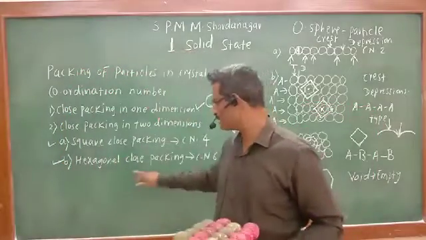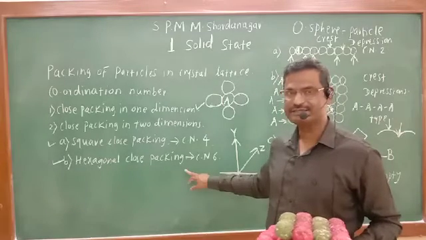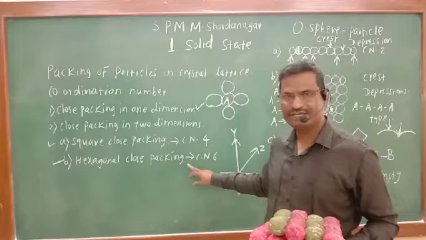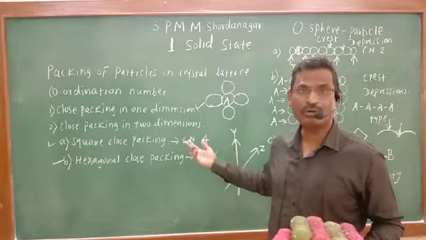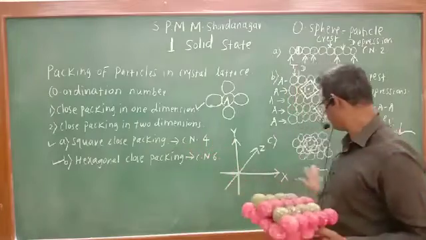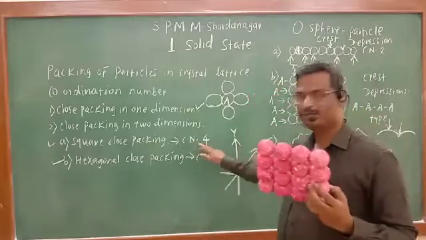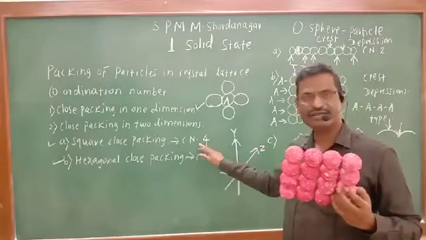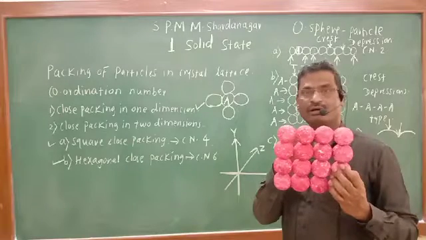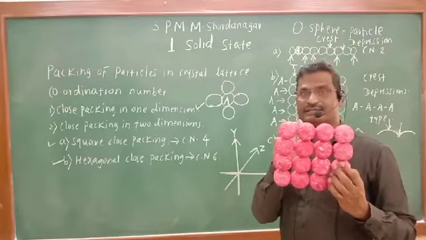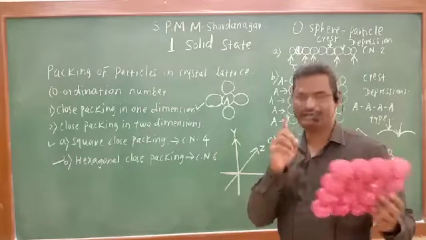Therefore, in hexagonal close packing, triangular empty space is less empty space, more coordination number, more crowding, means less void space. Whereas in the square close packing, coordination number is less, void space is more, means crowding is less.